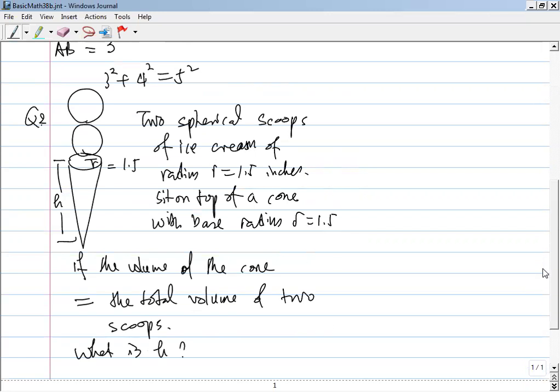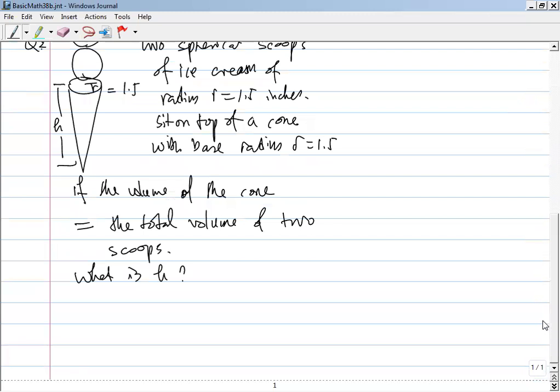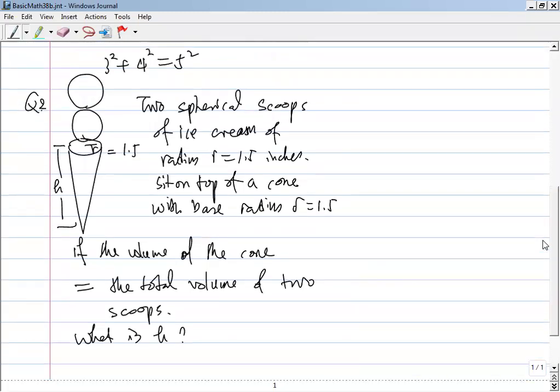Now, to solve this problem, you need to know how to find the volume of the ball and how to find the volume of the cone. The volume of the ball is going to be 4 pi r cubed divided by 3, right?